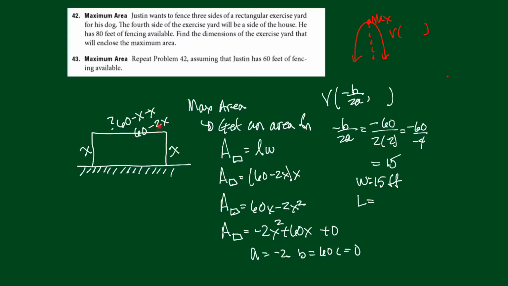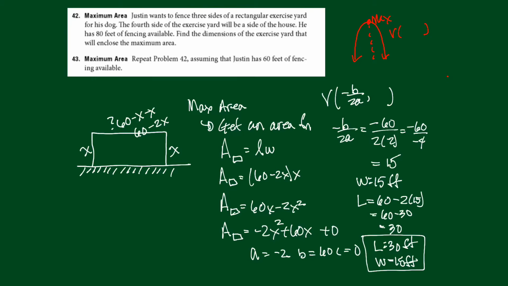It's 60 minus 2 of those widths. So this is going to be 60 minus 2 of those 15s. So 60 minus 30, which turns out to be 30. All right, so to maximize the area, we're going to have a length of 30 feet, a width of 15 feet.